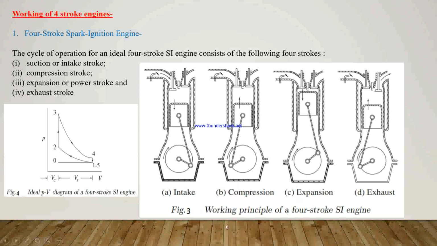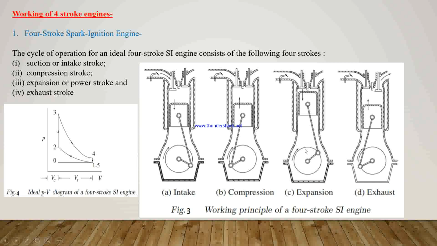Now we see the working of a 4-stroke engine. In a 4-stroke engine, there are 4 strokes or cycle operations for the ideal SI engine. They are the suction or intake stroke, second is the compression stroke, third is the expansion or power stroke where work done is obtained, and last is the exhaust stroke.